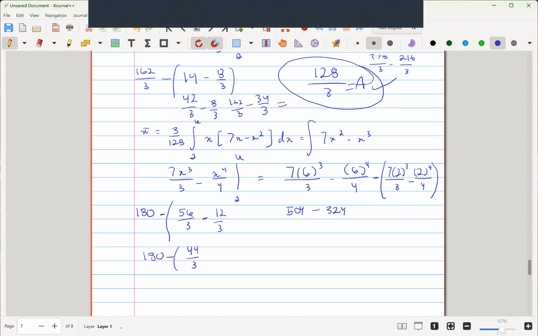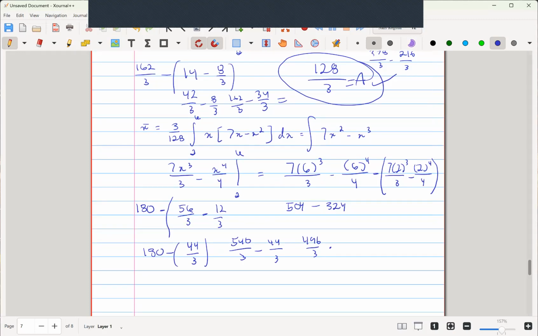180 minus that is 180 times 3, which is 540 over 3, minus 44 over 3, which is 496 over 3, which is still not divisible, but times 3 over 128.